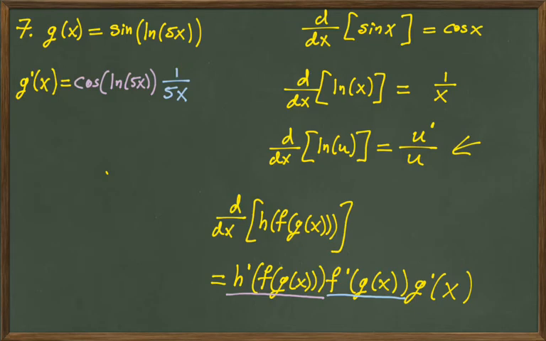So just break it down all the way to follow this pattern here. And then times the derivative of the g of x, which is, in this case, a 5x, and derivative of 5x is just 5. So we'll go ahead and simplify that, and we get cosine of the natural log of 5x all over x.